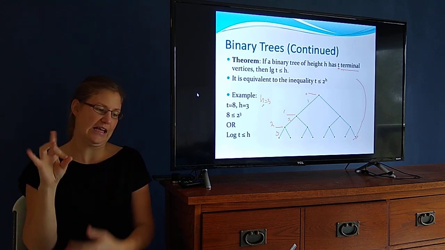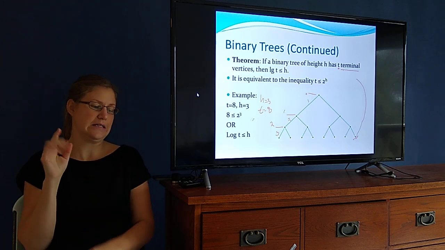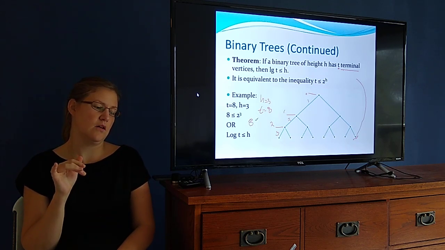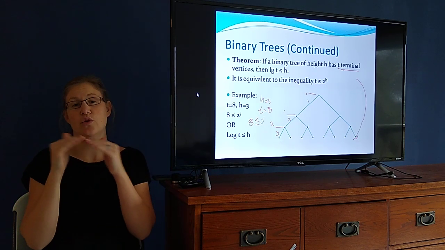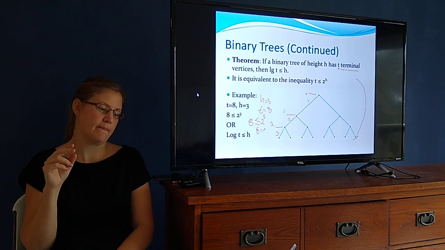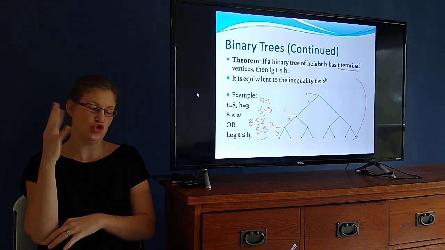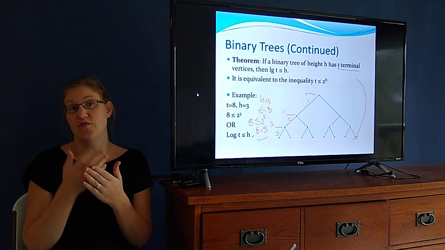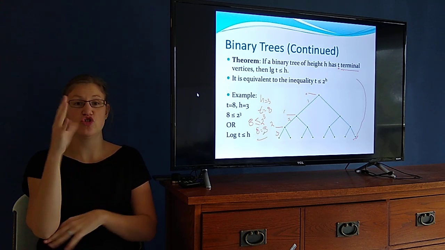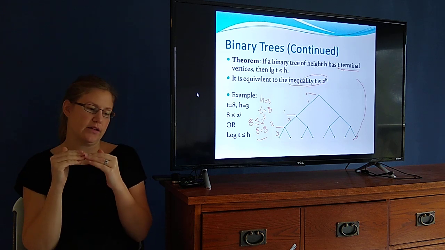So the terminal nodes are 8. So going back to this one, 8 is less than or equal to 2 to the 3, so 8 is basically equal to 8. So this is correct, and this is a binary tree. You can prove that a given tree is a binary tree by using this inequality.